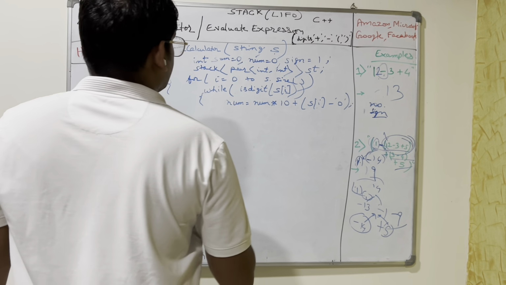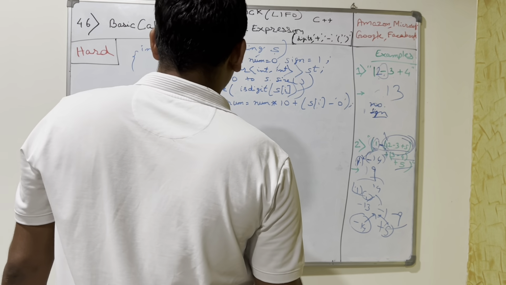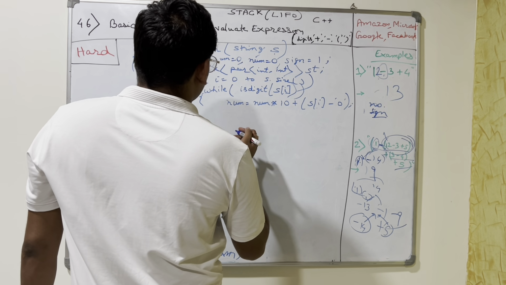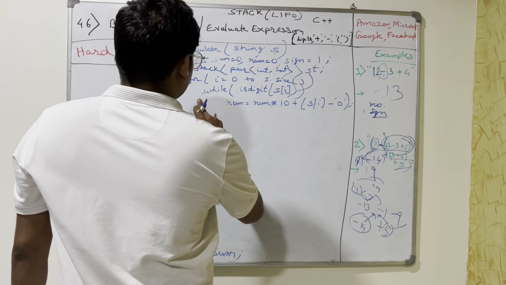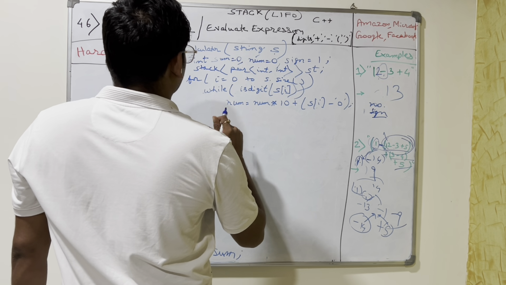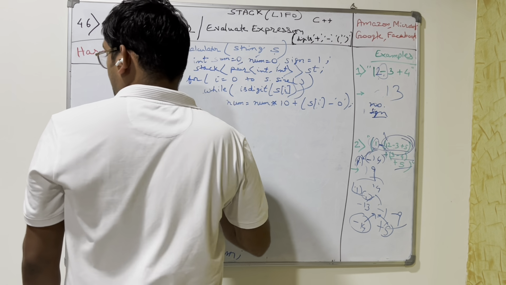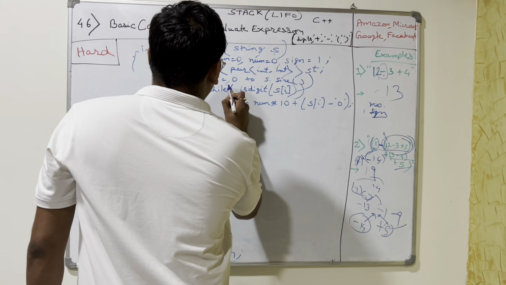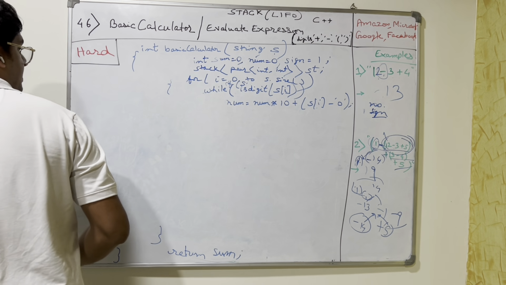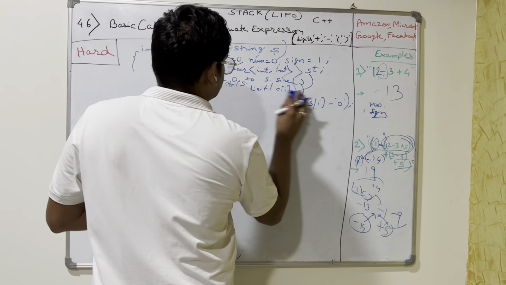Okay, so we get the value of num. So while this is there, if it is a digit, okay. So what we'll do, if s[i] is a digit, just let me rub this and write this again.